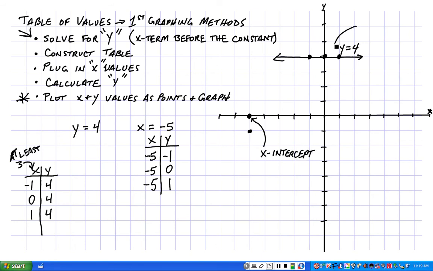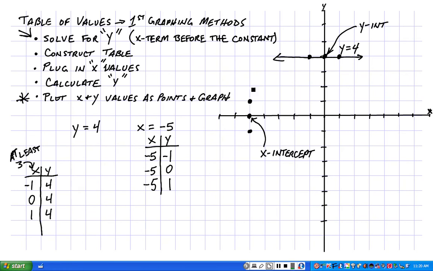Remember, we already talked about when a point is on the y-axis, it's called a y-intercept. Well, this point here is on the x-axis, so it's an x-intercept. And then our last point is -5, +1.